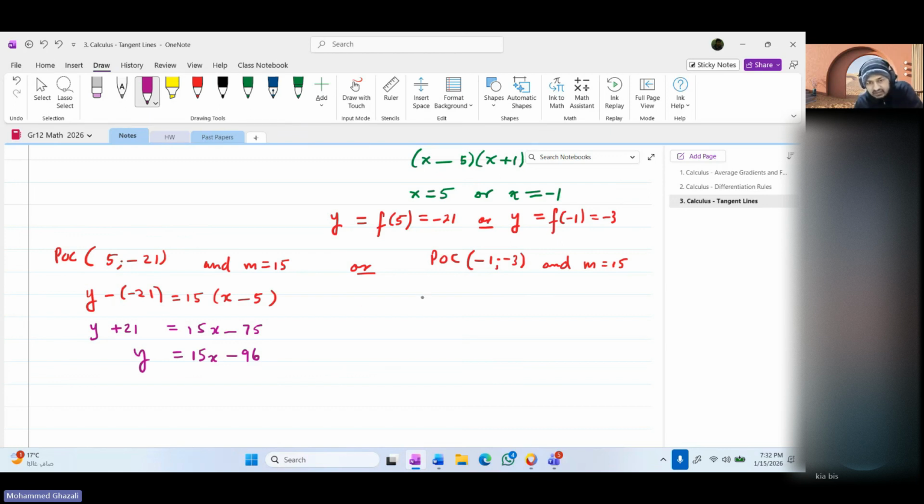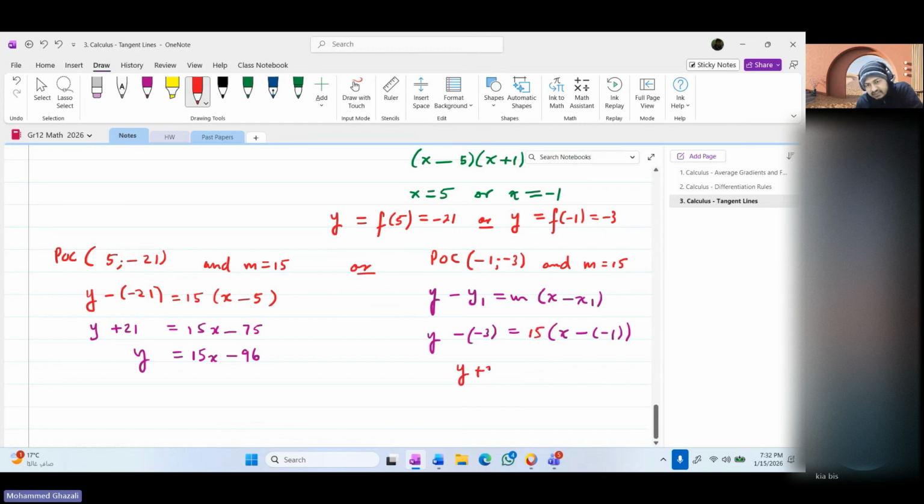For the second equation of the tangent line, remember I'm using the formula y minus y1 equals m into x minus x1. Y minus what's y1? Negative 3. So y plus 3, and x minus x1 is x plus 1. M is 15.